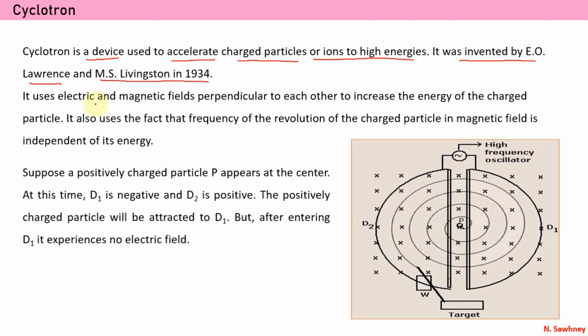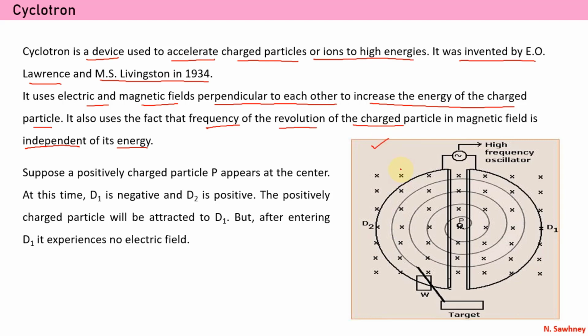It uses electric and magnetic fields perpendicular to each other to increase the speed of the charged particle and hence the energy of the charged particle. It also uses the fact that frequency of the revolution of the charged particle in a magnetic field is independent of its energy. This is the top view of the cyclotron.